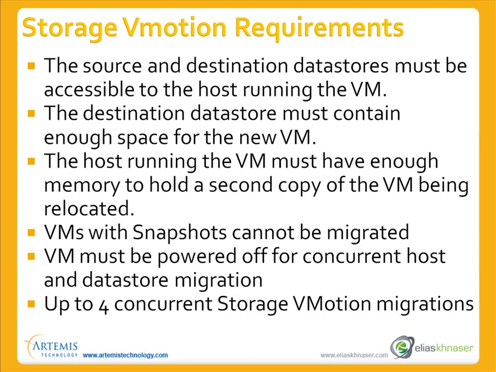Because keep in mind, this is storage vMotion, so once the files move, that host still has to be able to see where you moved the files to in order to maintain that virtual machine in a running state. It goes without saying that the destination data store must have enough space in order to accommodate the virtual machine, and the host running the VM must have enough memory to hold a second copy of the VM being relocated until that relocation is done.